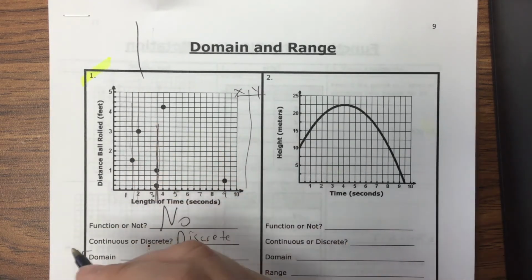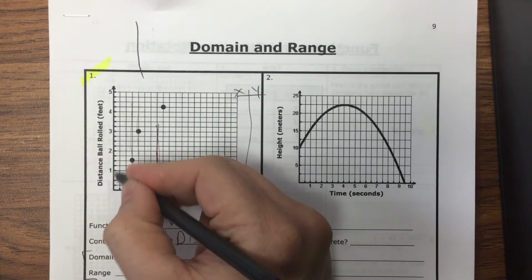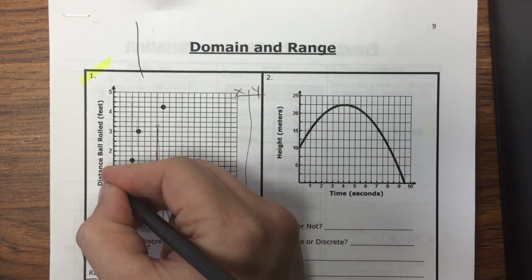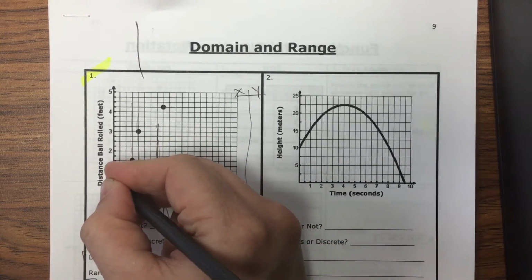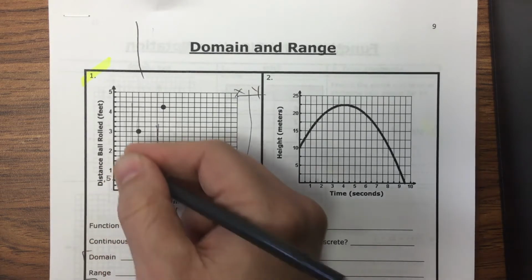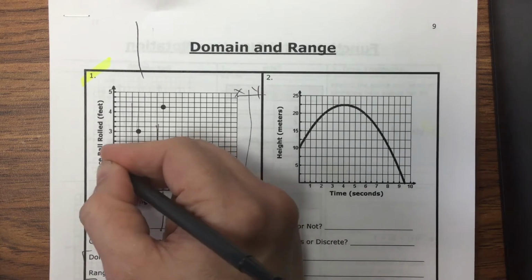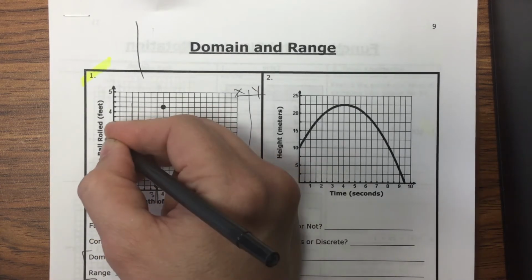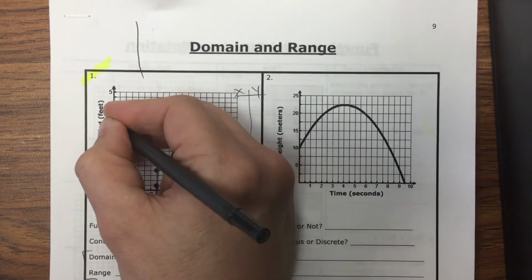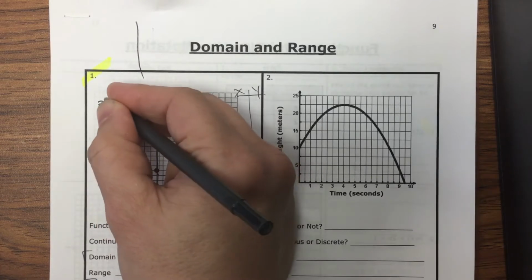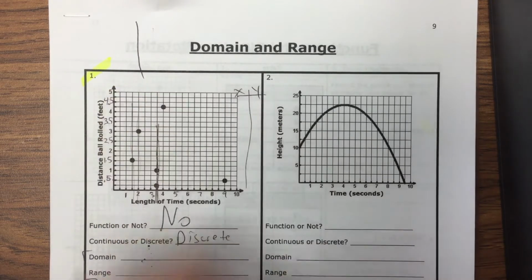On the y-axis, every 4 boxes is 1, so every box is a fourth, or 0.25. Every 2 boxes here is a half, so I'll have 1.5, 2.5 in the middle here, 3.5, 4.5 in the middle.